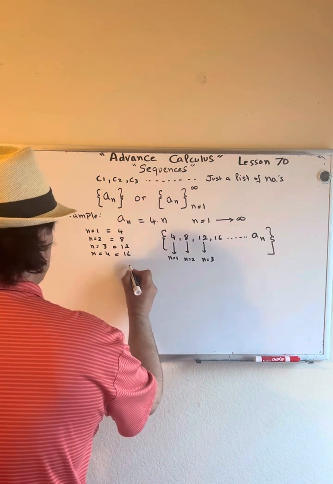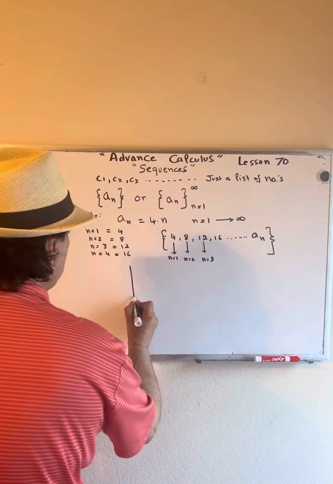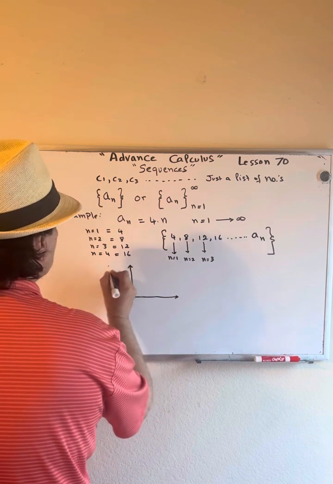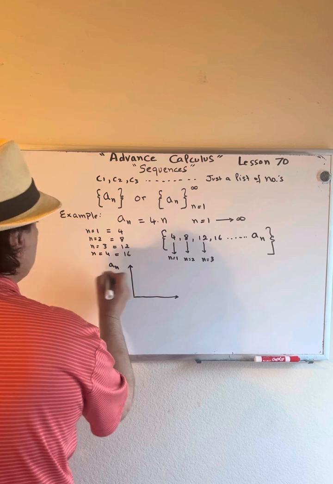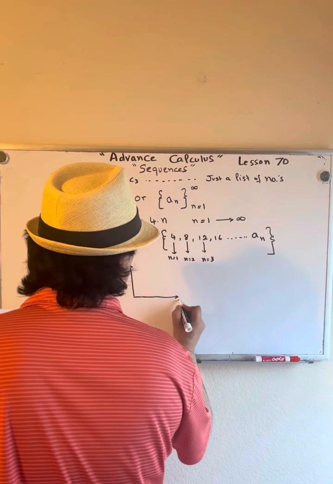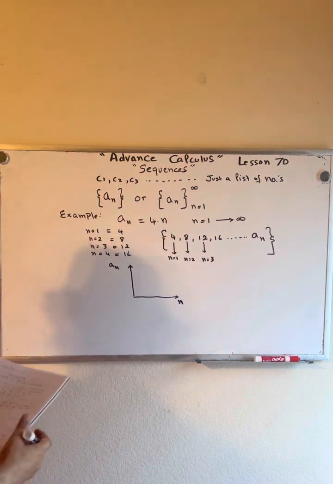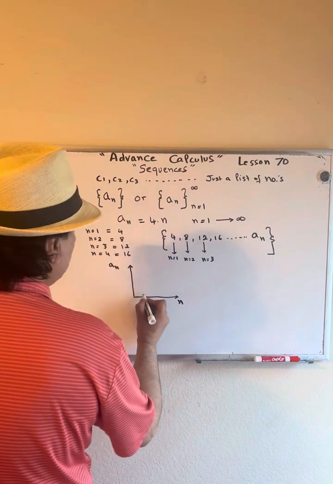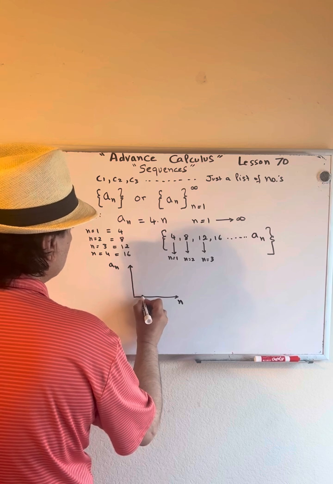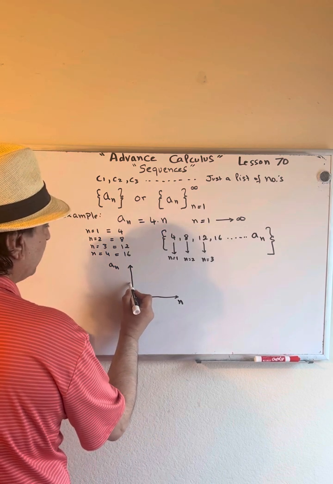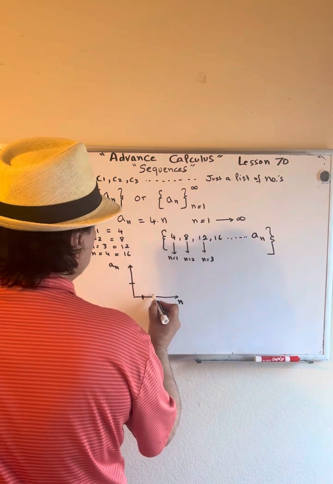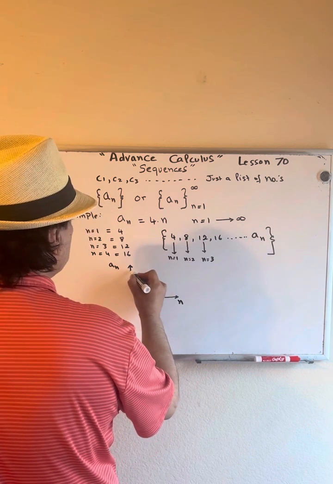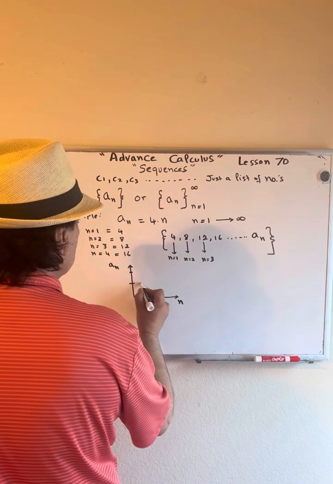If I draw a graph of that, I have the y-axis and the x-axis. On the y-axis I have a sub n, and on the x-axis I have n. When n is equal to 1, a sub n is 4. When n is equal to 2, a sub n is 8, which is right here.